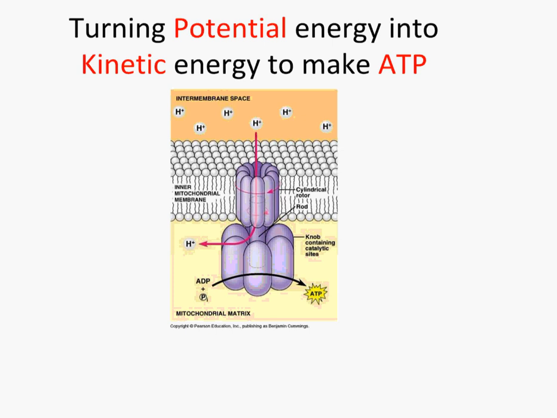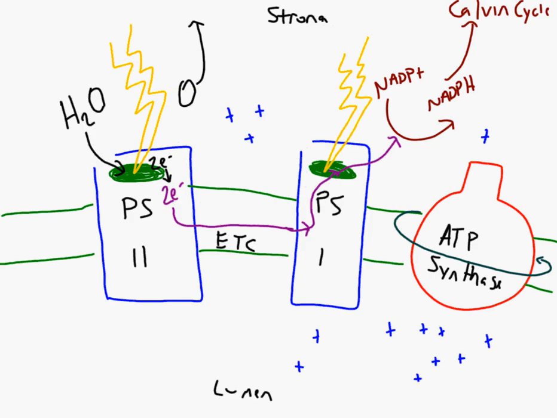Now, ATP synthase is one of the most complicated things in the cell. It's extremely complex. It's this little motor, basically, that works, a very complex protein. Strongly encourage you to look at that on your own. But just believe me that these protons diffusing through it cause this molecule to spin around, and through that allows for the phosphorylation of ADP into ATP, and these ATP molecules that are created are headed off to the Calvin cycle.